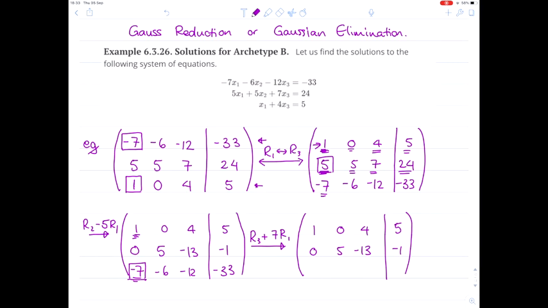Minus 7 plus 7 is 0. Minus 6 plus 0 is minus 6. Minus 12 plus 28 is 16. And minus 33 plus 35 is 2. Okay.